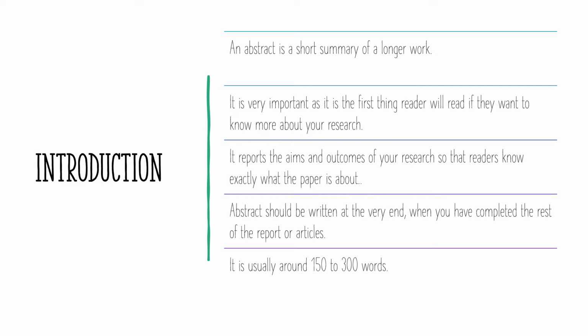It is usually around 150 to 300 words. Let's make it around 300, because there is quite a lot to tell as well. You need to talk about the aim, the problem a bit, the methodology a bit. So I would say around 300 would be enough.